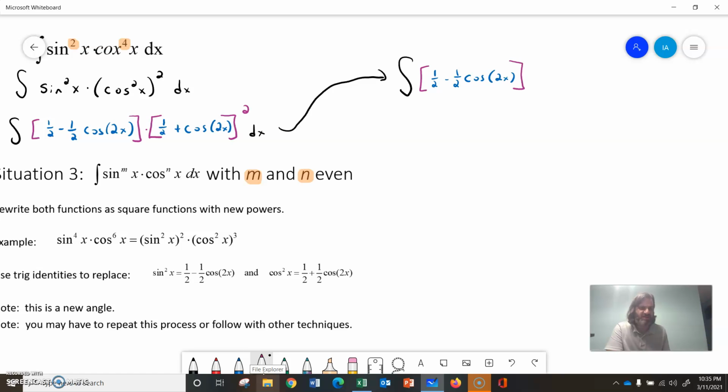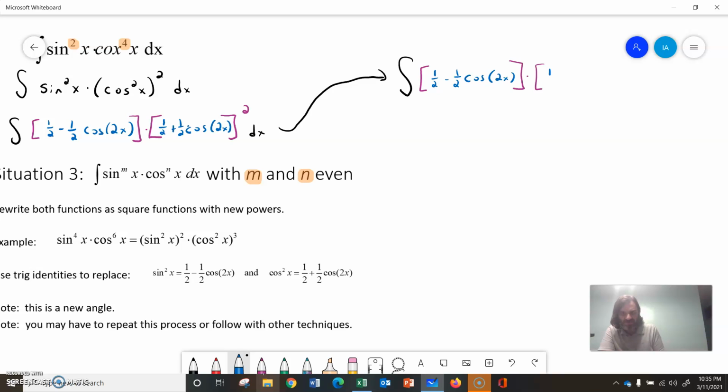And then the 1/2 plus 1/2 cosine 2x, I'm going to go ahead and square that. So let me see what that will look like. It will look worse than the other one did.